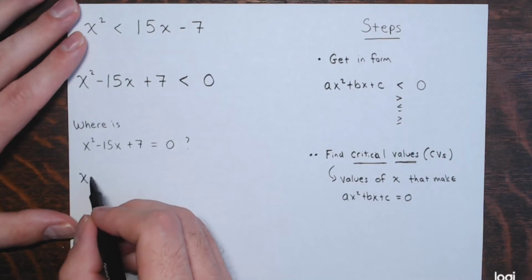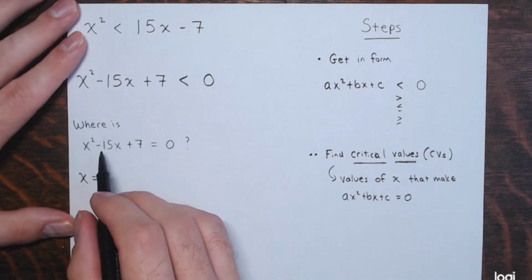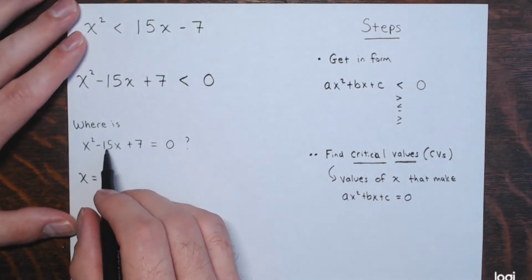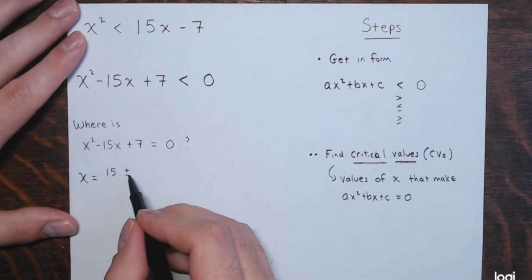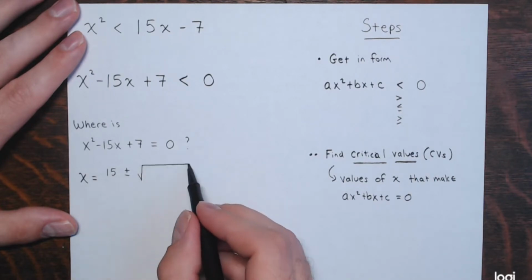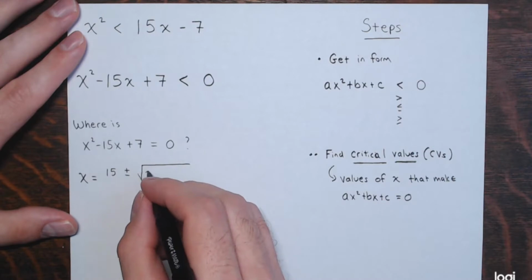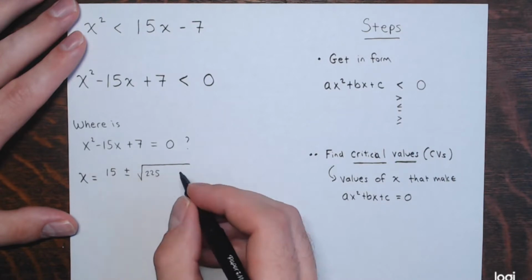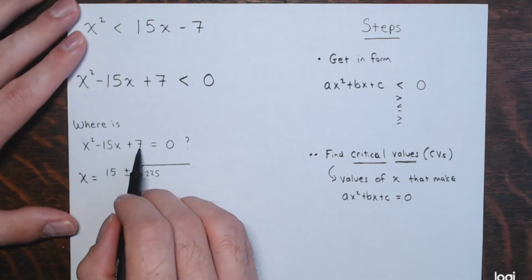So the solutions here are, now I'm not going to write out the quadratic formula this time. You should know what that is by now. It's the opposite of b, the linear coefficient, so positive 15. Then plus or minus the square root of b squared. Now negative 15 squared would be 225. Minus 4 times a times c. Now 4 times a is 4, times c is 28.